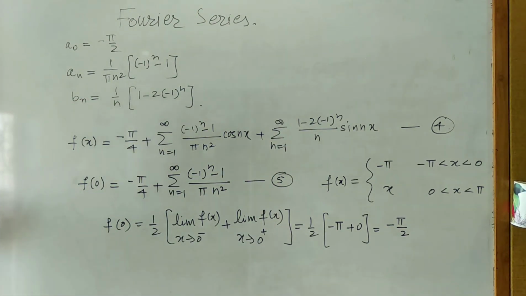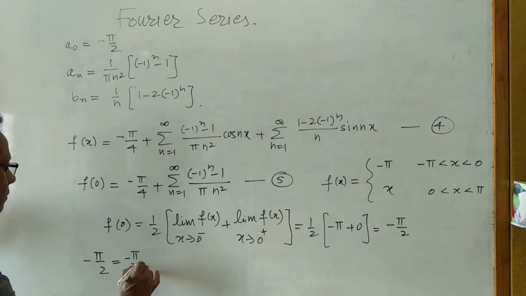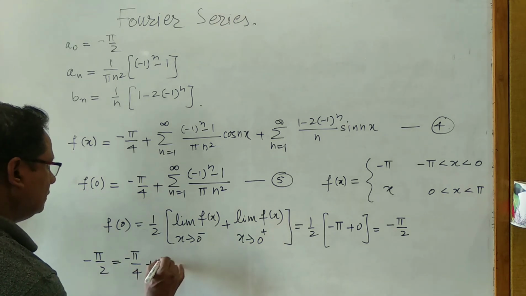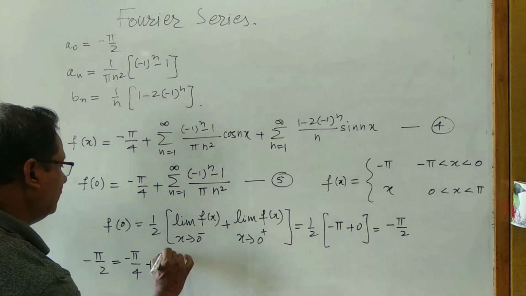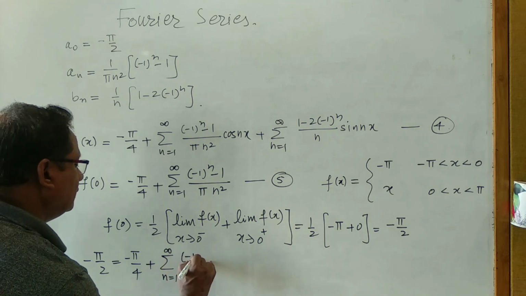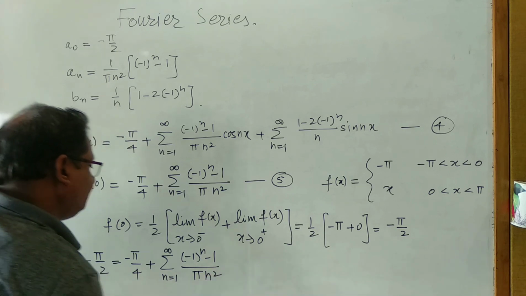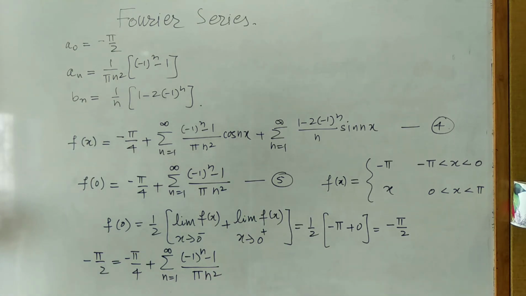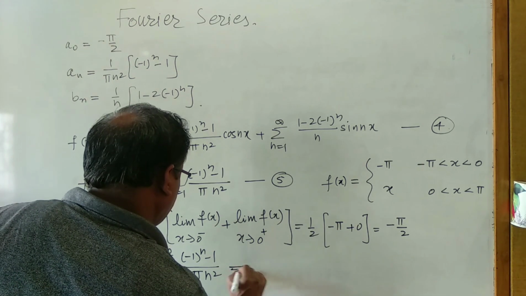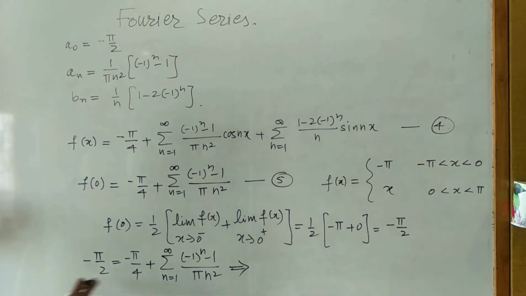So put this value of f of 0 in equation number 5. We get minus pi by 2 equals minus pi by 4 plus summation n varies from 1 to infinity, minus 1 raised to n minus 1 upon pi n square. Simplifying this, I will take this minus pi by 4 to the left hand side.